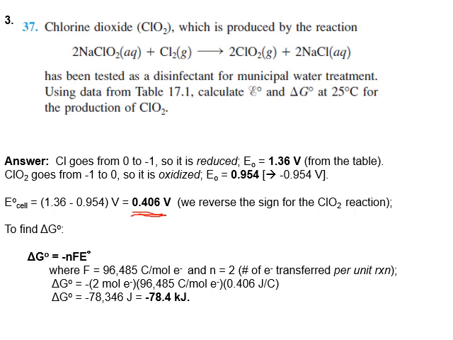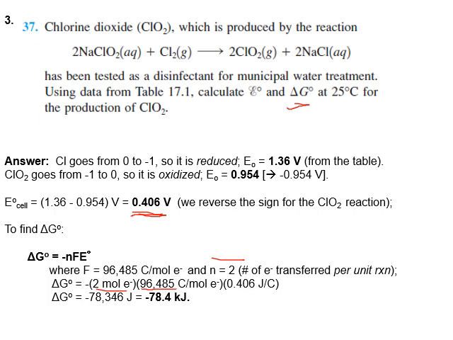Find E naught or E standard, and then to get the delta G, we use delta G equals minus NFE, where N is going to be 2 here, and F, of course, we know that's just a constant, Faraday's constant, 96,485, and that's coulombs per mole of electrons. And then when we multiply that by 2 moles of electrons, that will convert the units to coulombs.